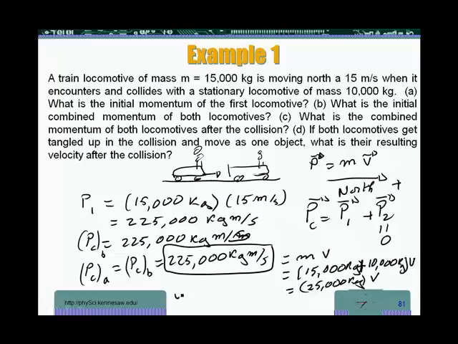So I can just find v by dividing 225,000 kilogram meters per second by 25,000 kilograms. That will give me my final velocity, which is 9 meters per second.